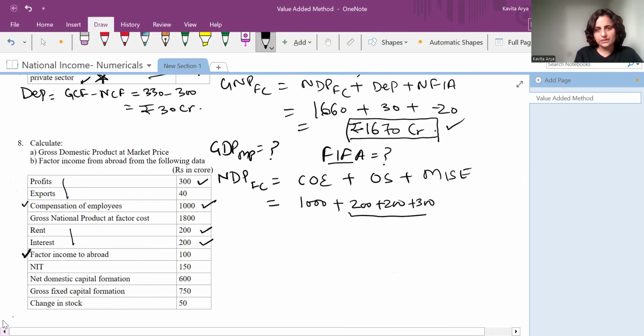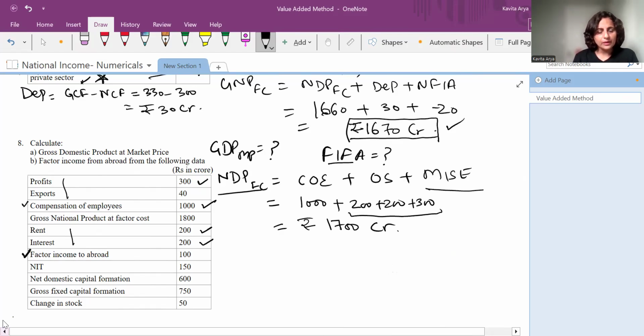I'm nowhere able to get mixed income. Never mind, that's a minor component, and in 50% of questions it's not given. So what do I have? 3 plus 2, 5 plus 2, 7. It means rupees 1,700 crore is NDPFC.